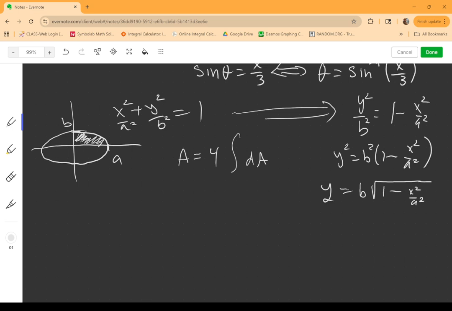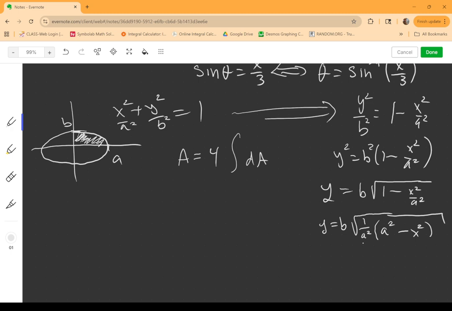Okay, now I want it to look like my substitution forms, so I'm going to have to do a little factoring here. I'm going to factor out a 1 over a squared, which means the resulting form is a squared minus x squared. Again, if you're factoring out a 1 over a squared, then when I multiply it through, it's going to be a squared minus x squared.